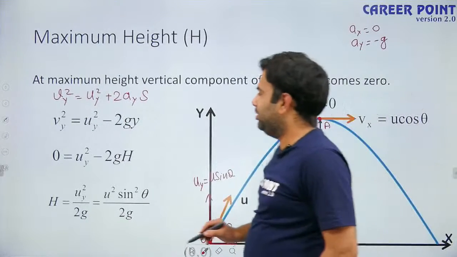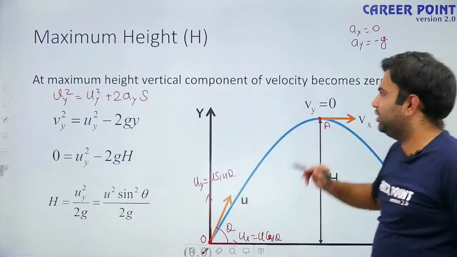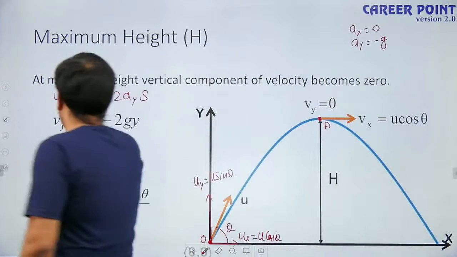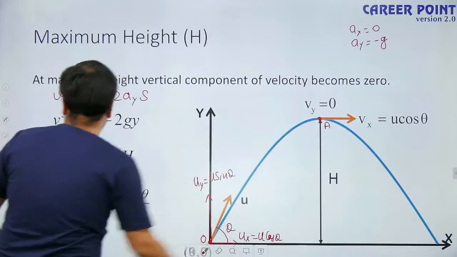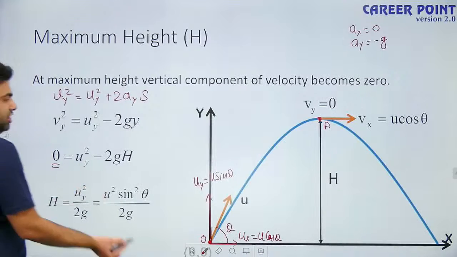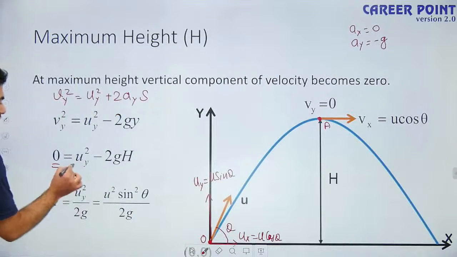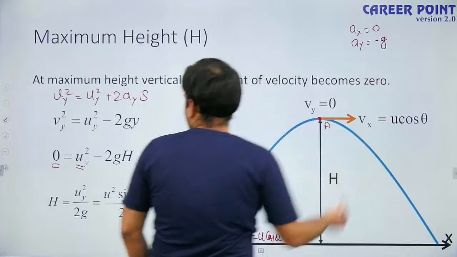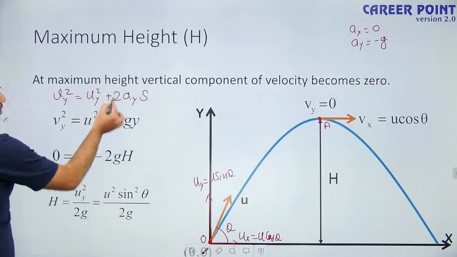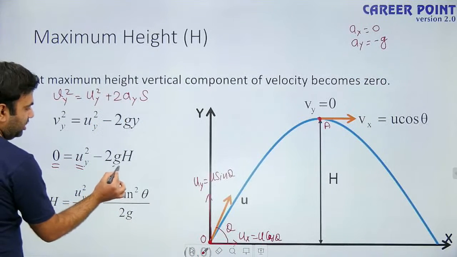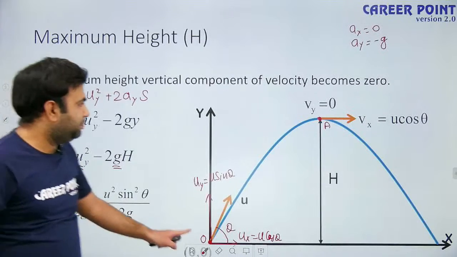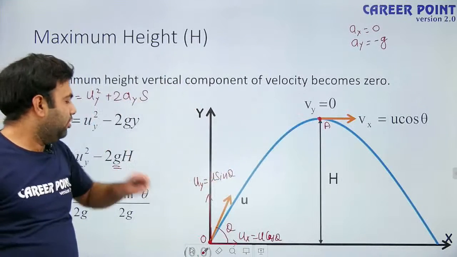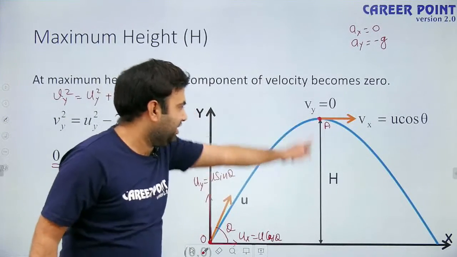From O to A, final velocity is 0. Initial velocity is uy, which is u sine theta. Acceleration in y direction is minus g, so instead of ay, I write minus g. And displacement in y direction from O to A is h.